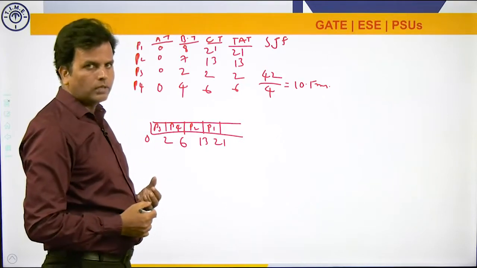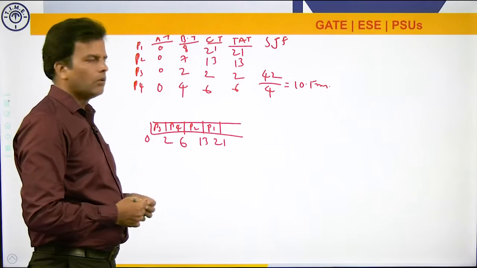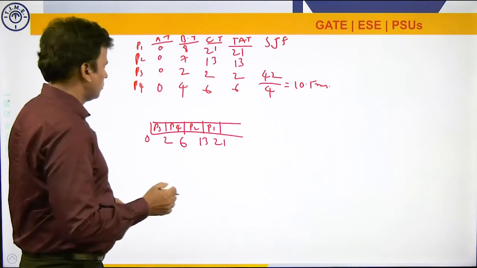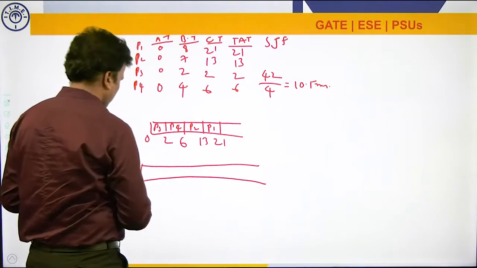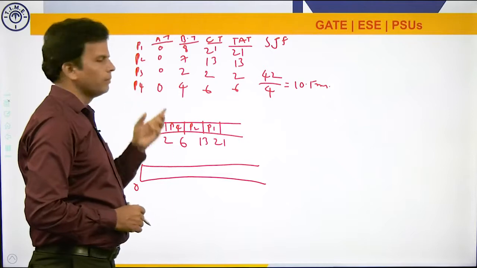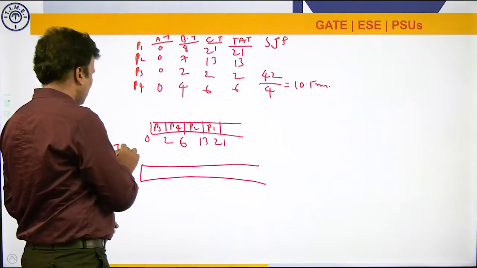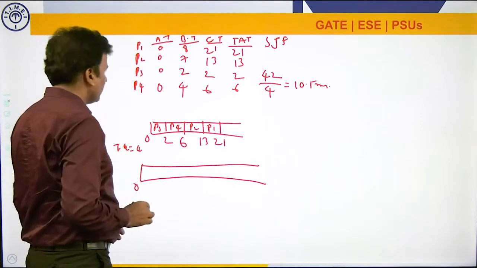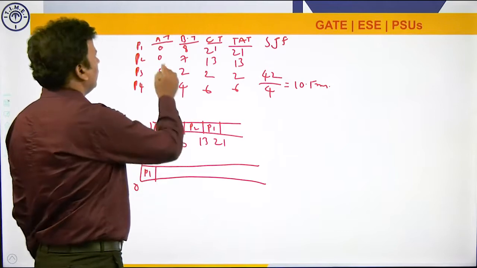We need to calculate the same thing with round robin using a time quantum of 4 units of time. Let's see what he said: schedule the processes in order P1, P2, P3, P4 using round robin scheduling with a time quantum of 4 units. So P1 I am scheduling, it will run for 4 units of time.